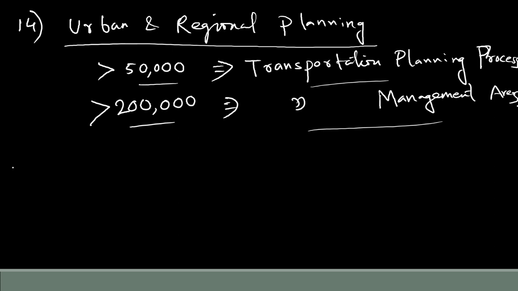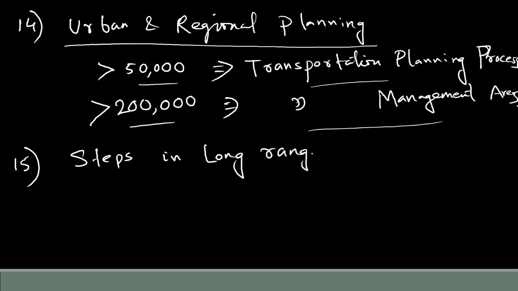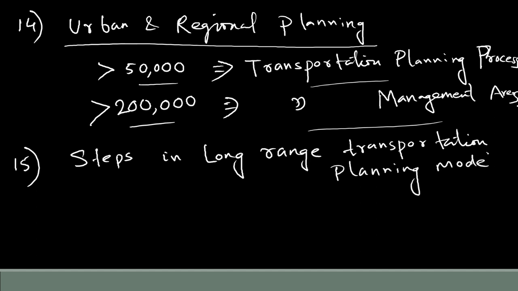And the last important point with respect to traffic operation studies is the steps in long range transportation planning models, which are basically 20 or 50-year projects. There are 4 steps which you need to remember.